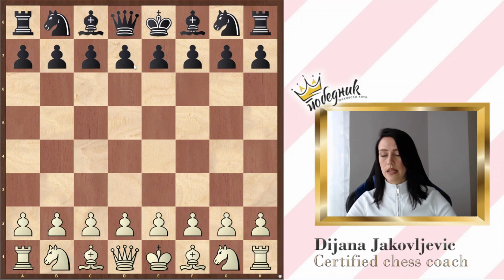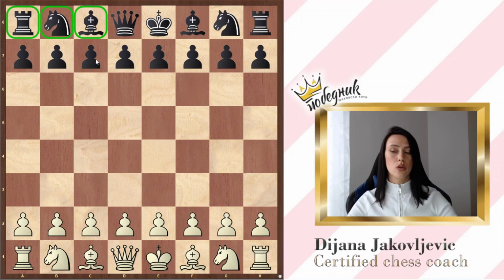That means that the pieces from the left are queen's pieces. So we have queen's bishop, queen's knight, queen's rook, also queen's pawn, and all the same is for the white pieces.